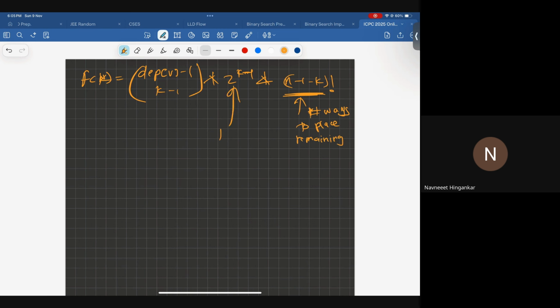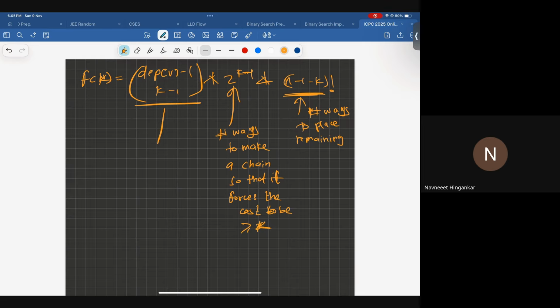Number of ways to make a chain so that it forces the cost to be at least x, greater than or equal to k, sorry, right?